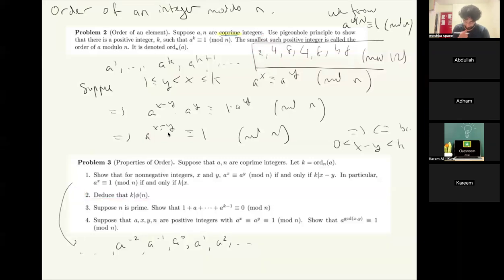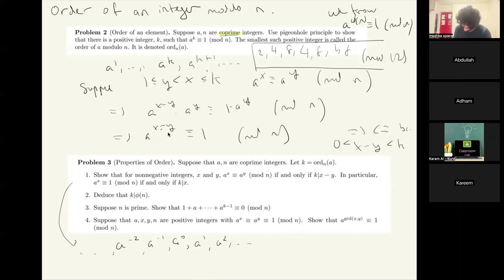Property 2 is that this order k is a factor of phi of n. Why is that true? Well, the pattern repeats every k, and it also repeats every phi of n, so k divides phi of n.